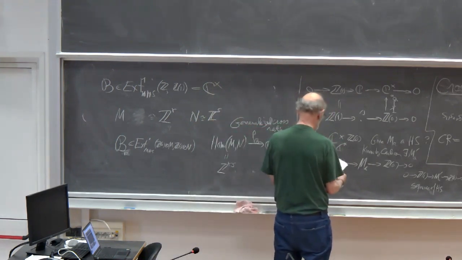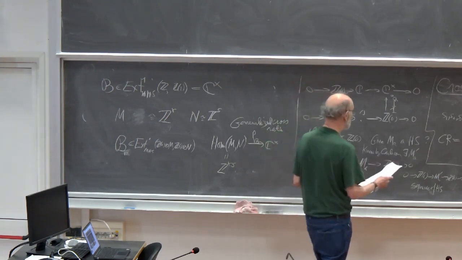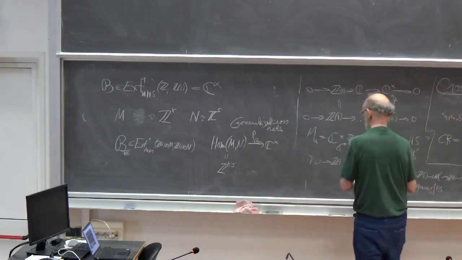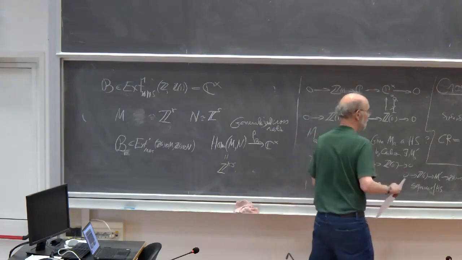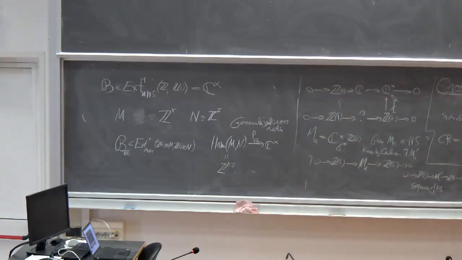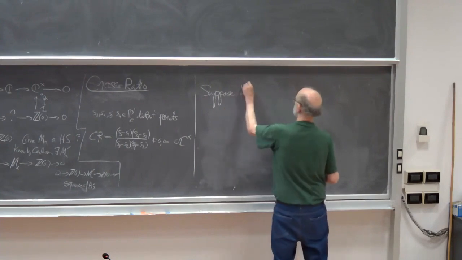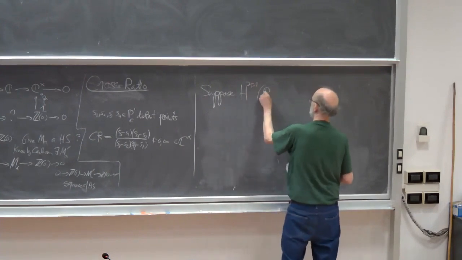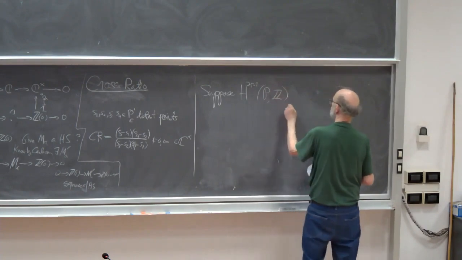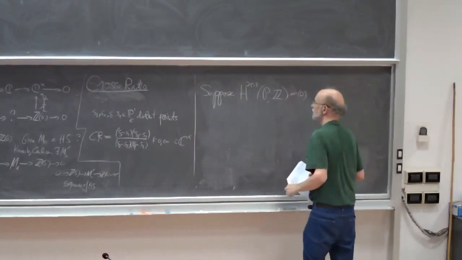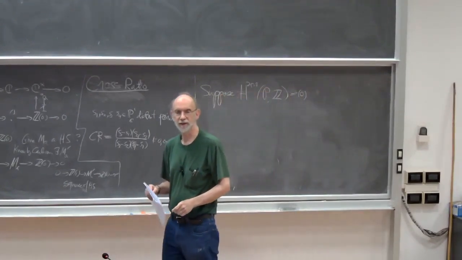Let's see what I want to say here. Yeah, so let's consider this slightly more precisely here. Suppose, for example, H^(2R-1) of my P, with Z coefficients, is 0, right? Which is certainly the case for the projective line.